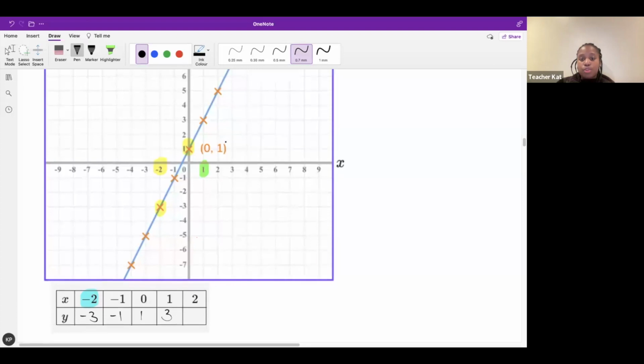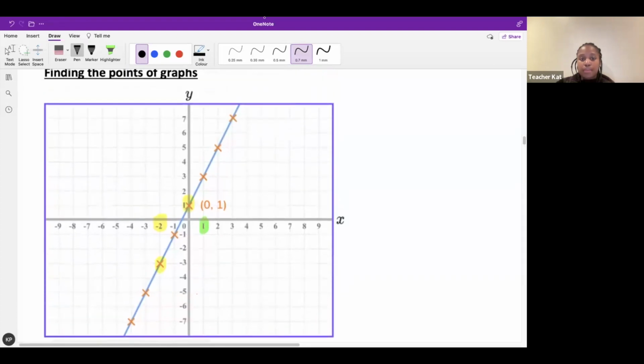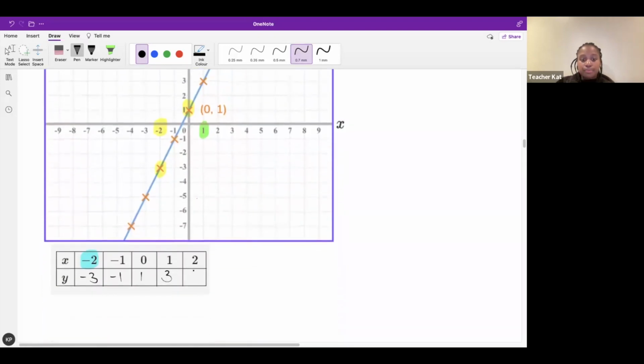Okay, and for 2, the last one, it is 5. Okay. So let's look at my multiplier.